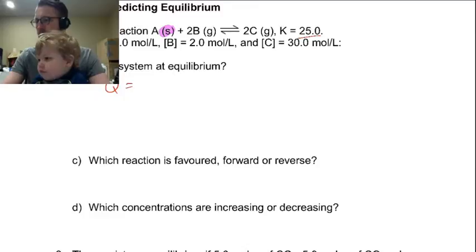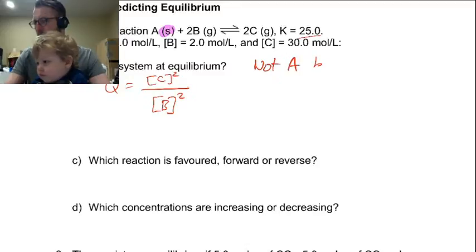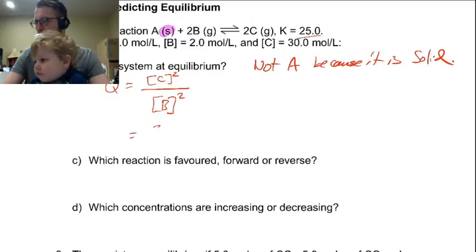So we need a Q equation, which is going to be any aqueous or gaseous forms raised to the power of their coefficients. And I am not going to include A because it is a solid. It does not matter what the concentrations are. Okay, so let's punch in our numbers. We have a 30 over here, and that's going to be squared, so it's 900.